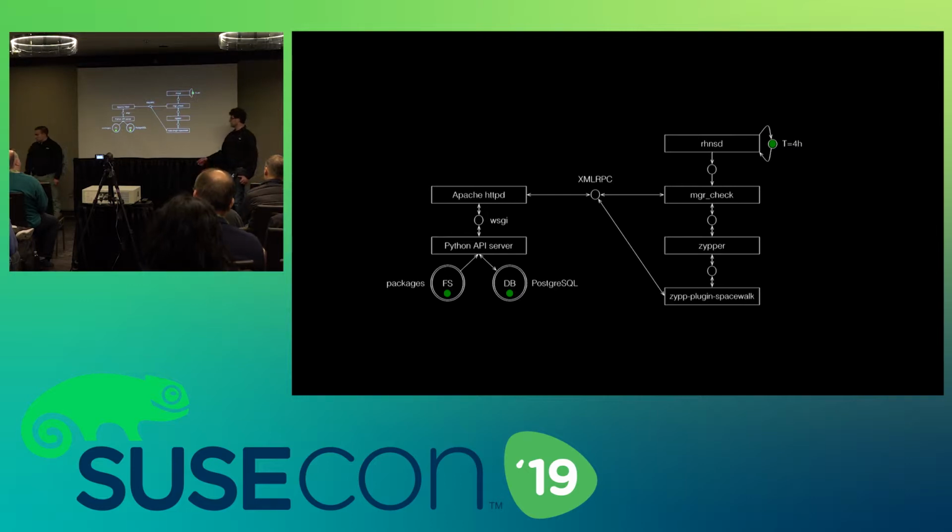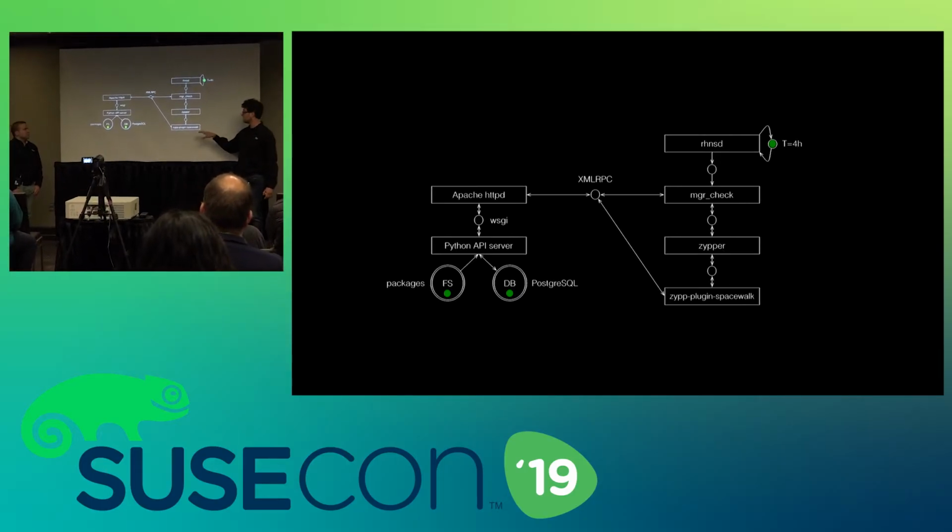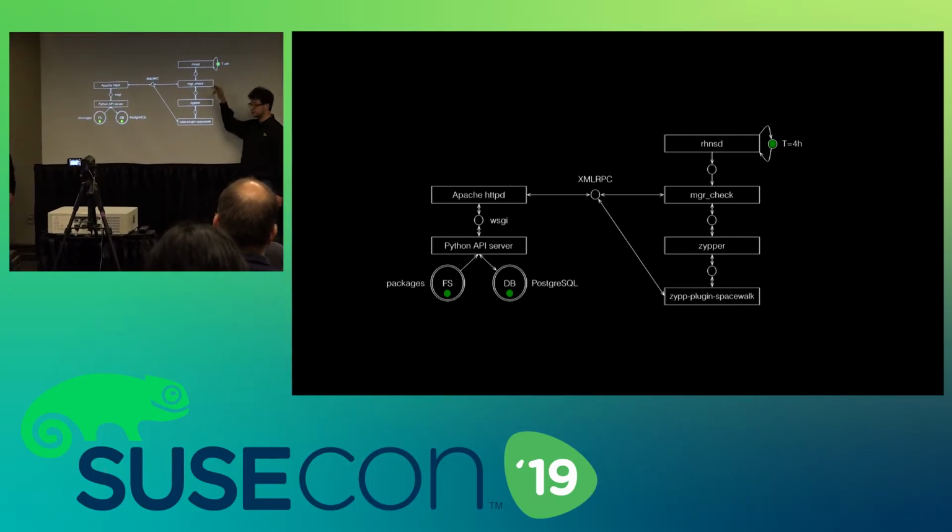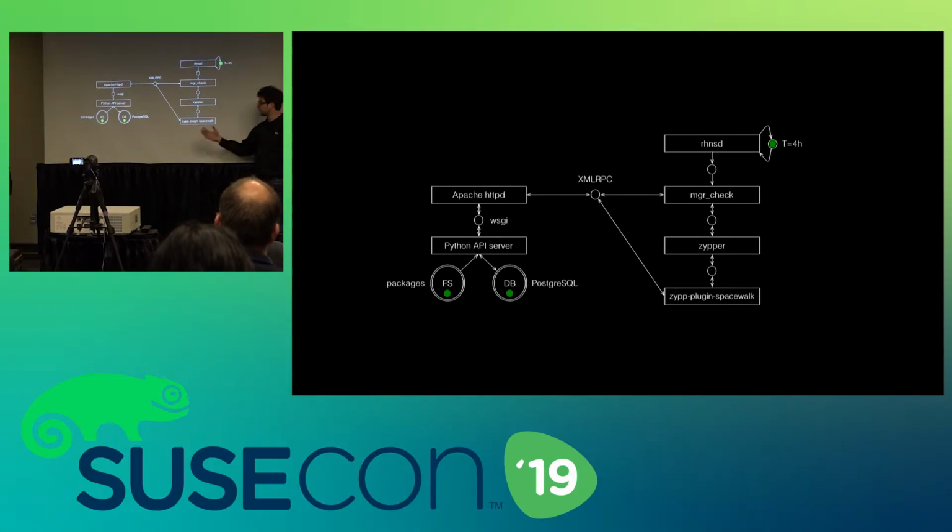All right, so in general, if you see that your action is not being picked up, that's how we name it, I would start investigating the client side: RHNSD logs, zipper logs, the plugin has its own logs. Is RHNSD running? What if I run mgr check manually? Does that work or not?